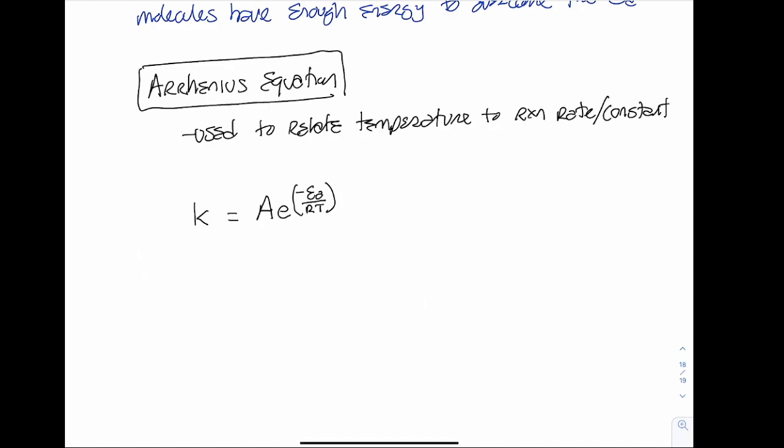That's the exponent on e. So taking A, multiplying it by e raised to those things in parentheses. Let's define a couple of those terms. k we know is my rate constant.